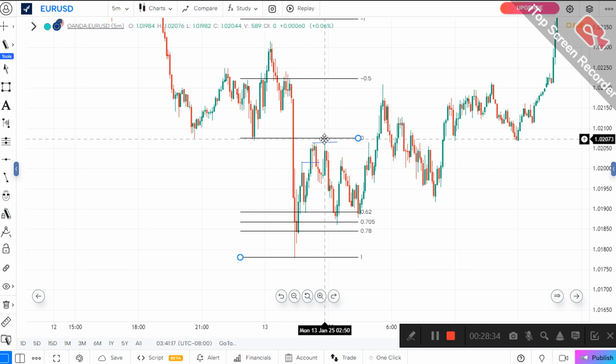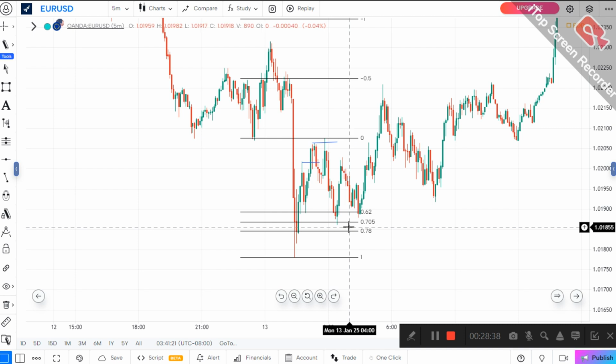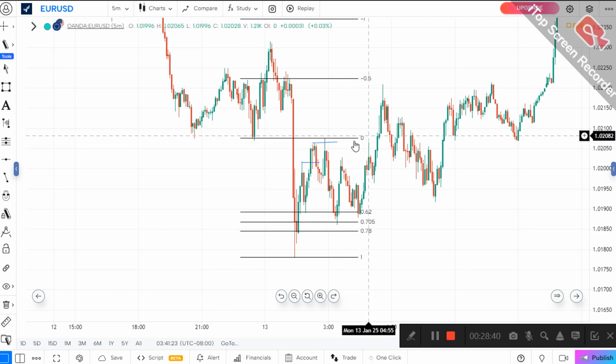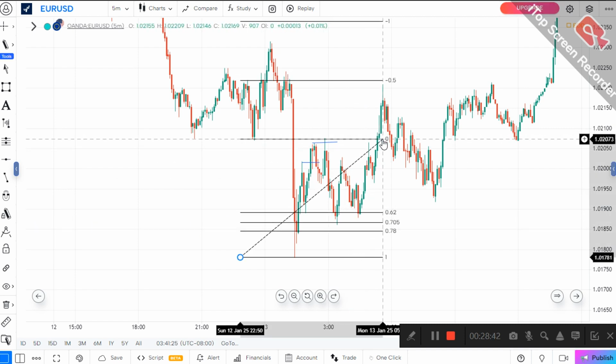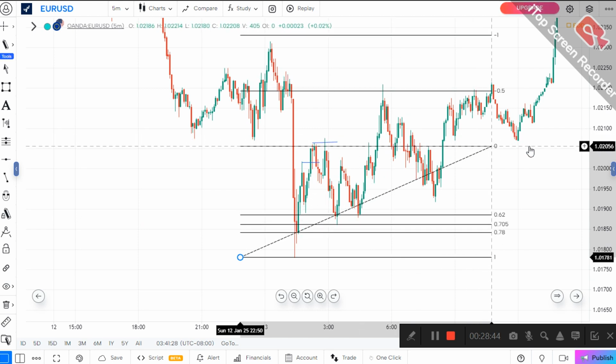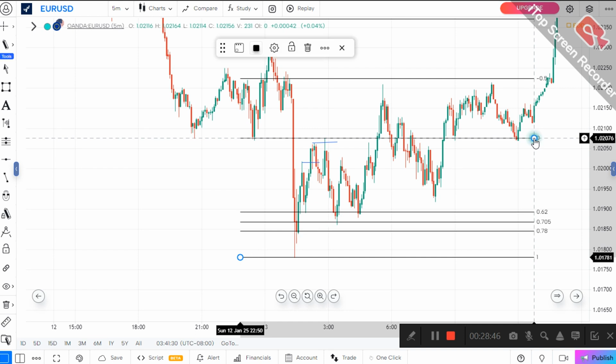When it moves back, I mean when it moves against the trend, you will take your entry from the same particular point, the same zero point.